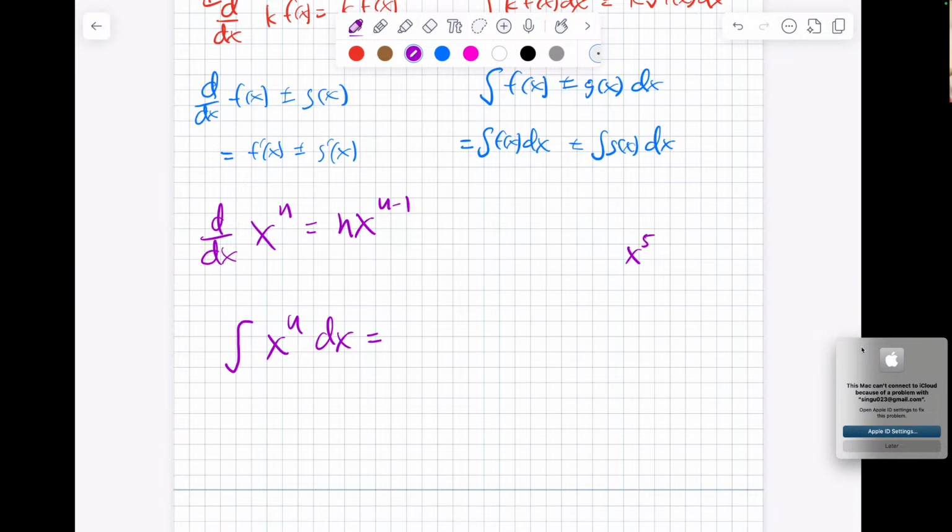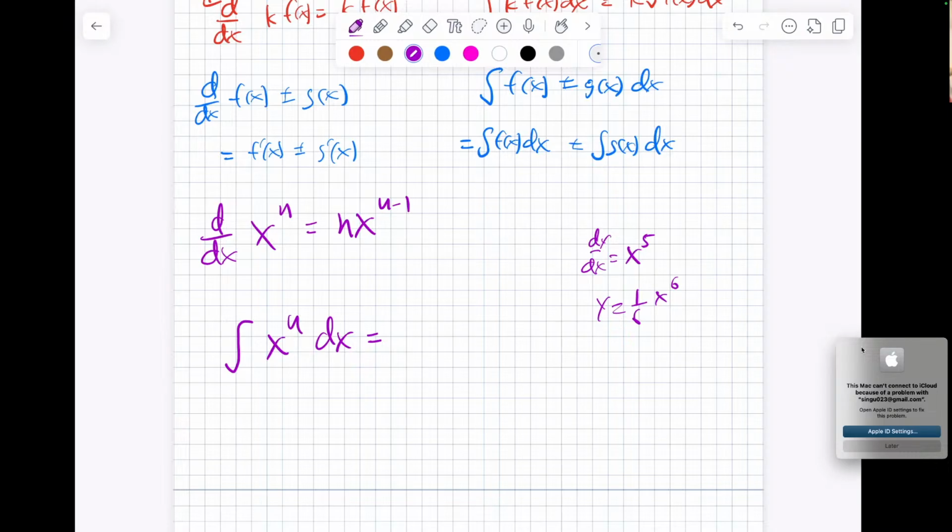So let's just say if dy/dx is equal to x to the 5, what will be y? Okay, Max, what do you say? 1/6 x to the 6, right?